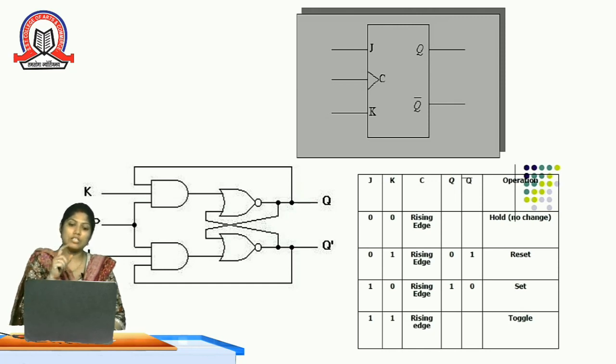In one full clock pulse this goes between 0 and 1. So that is called the toggle state. Toggle state can be used, but it is not used for many applications. So this is again one problem. So we can modify this flip flop using master slave flip flop. So this is all about JK flip flop, but this toggle problem can be avoided in MSJK flip flop.